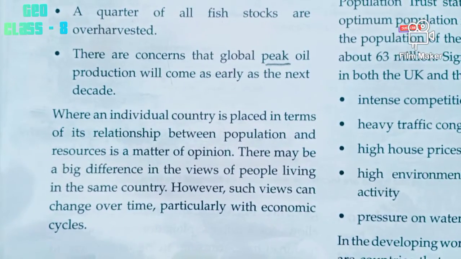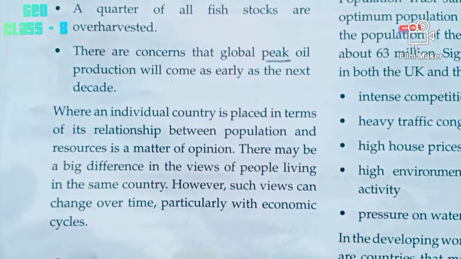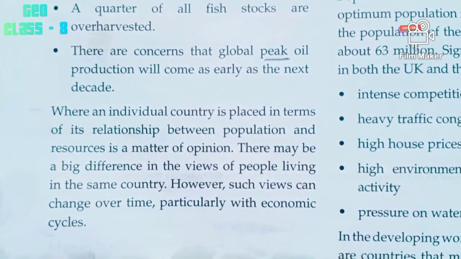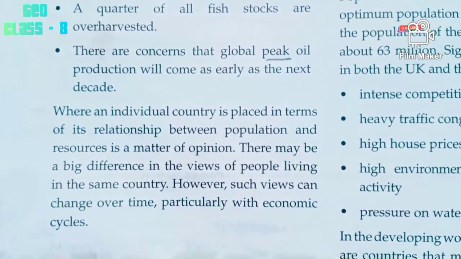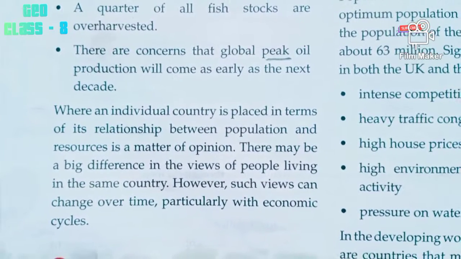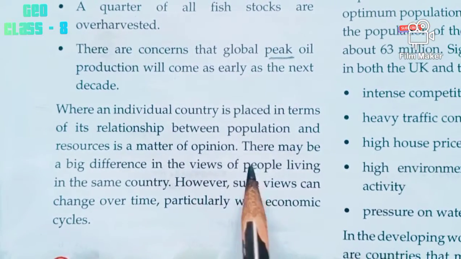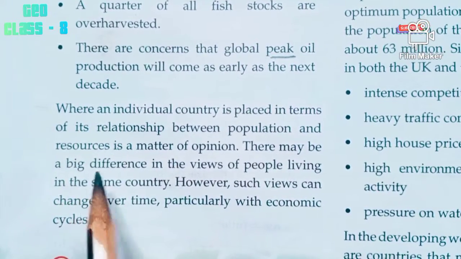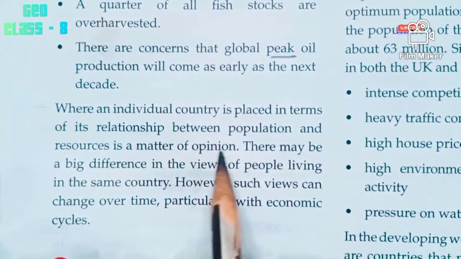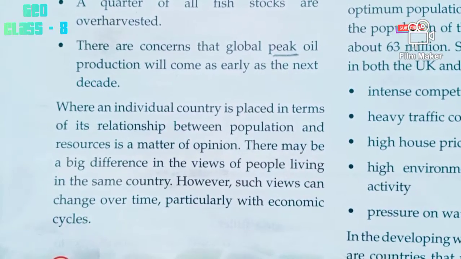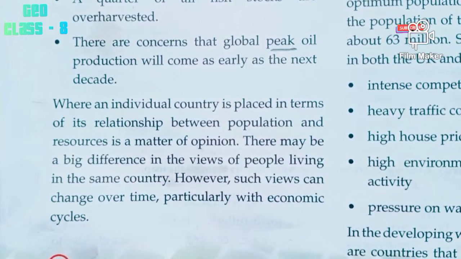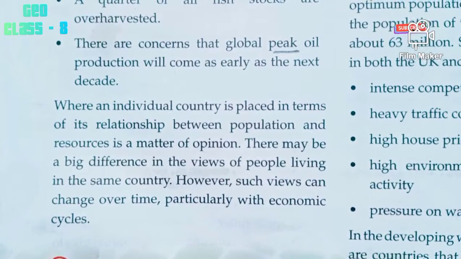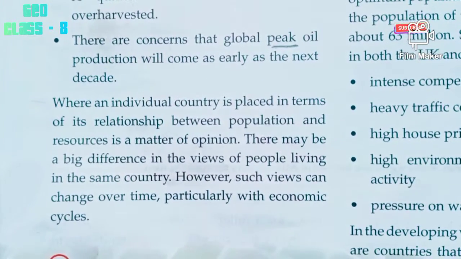But if you think about an individual country, the population and the resources, their connection can be a matter of opinion. Here, different people can have different views on population and resource utilization, and that can change over a period of time according to the economic cycles.